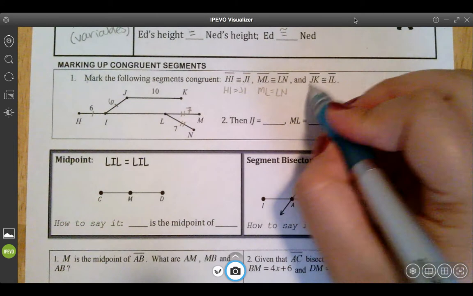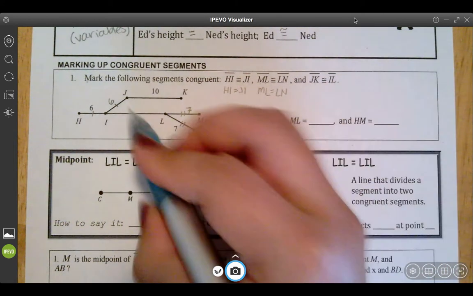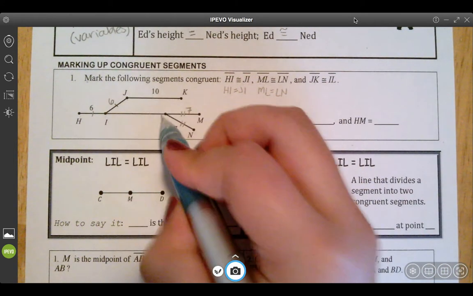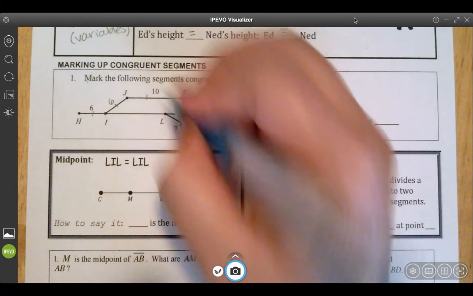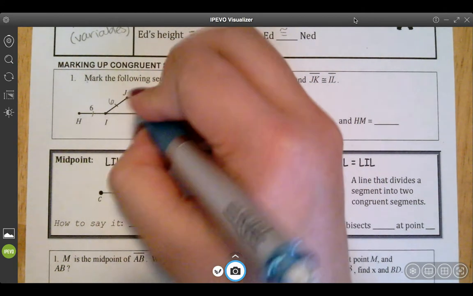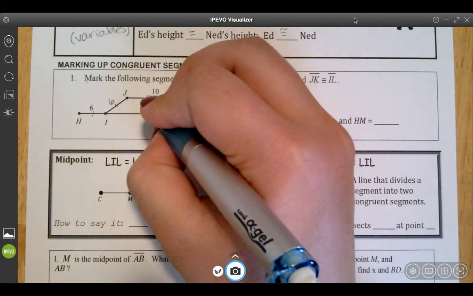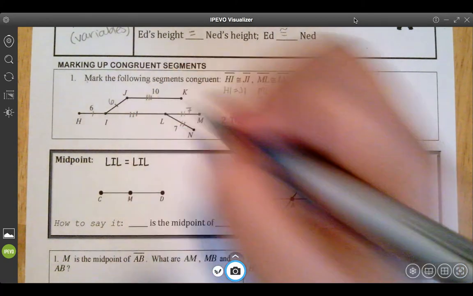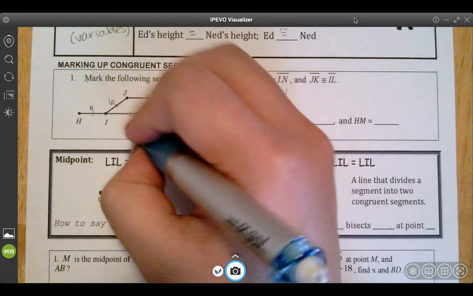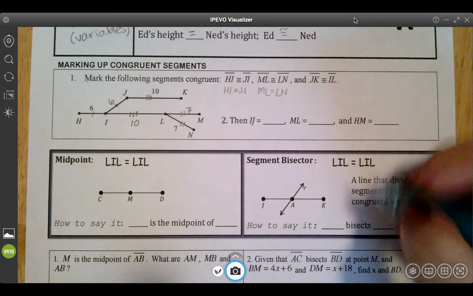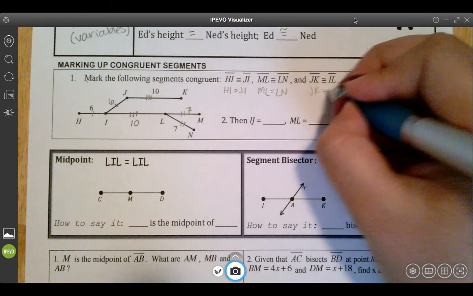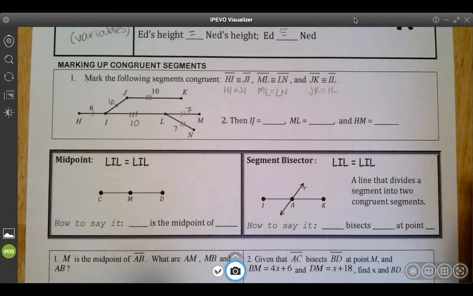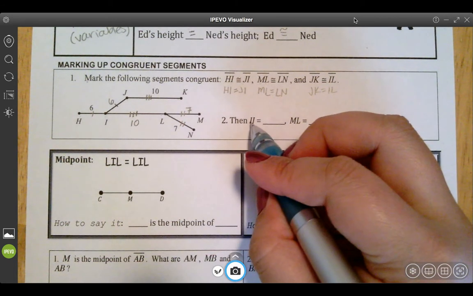Then we have JK is congruent to IL. I can't mark it with one tick mark because that was 6. 2 tick marks was 7, so we will go 3 tick marks. Those two line segments are congruent, and so IL must equal 10. So JK equals IL. So what is the measurement of IJ?